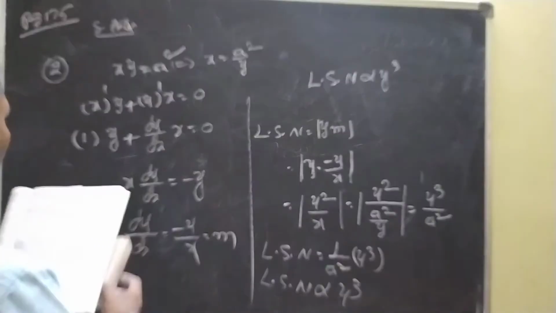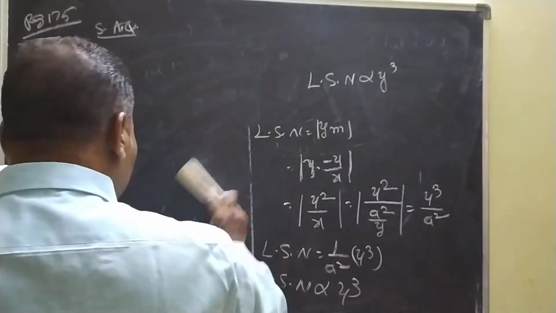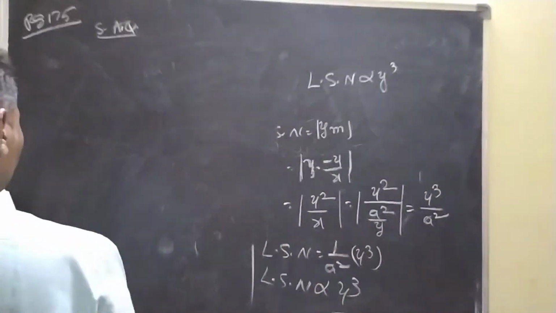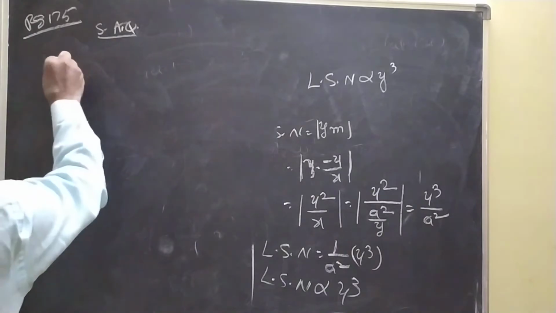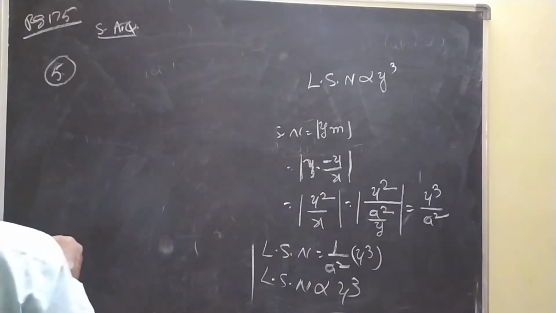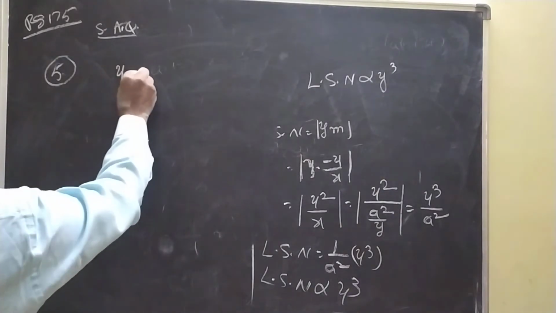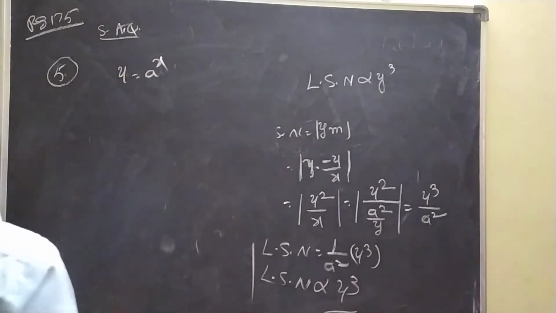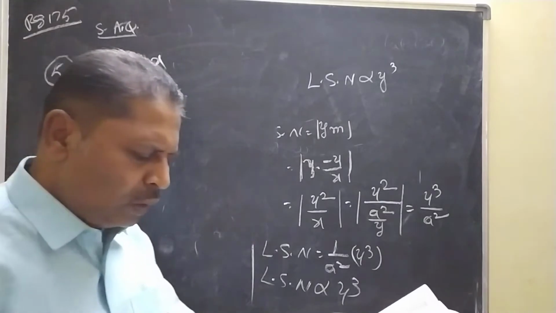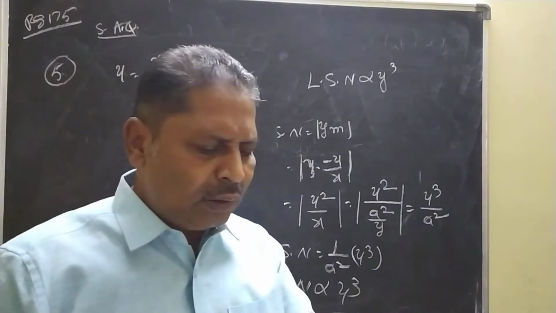Next, fifth Roman. Y equal to a power x. Given two questions.